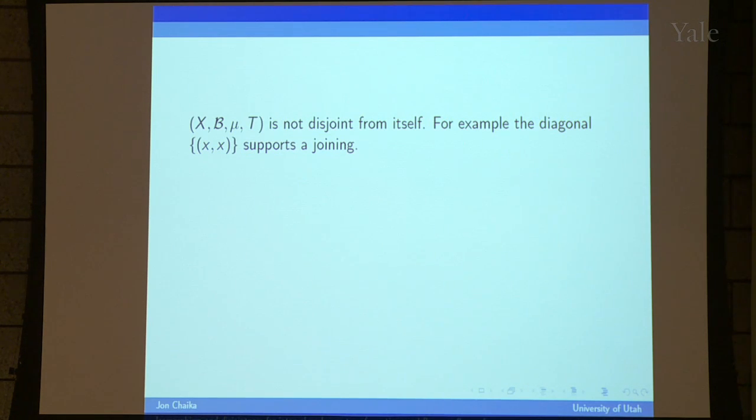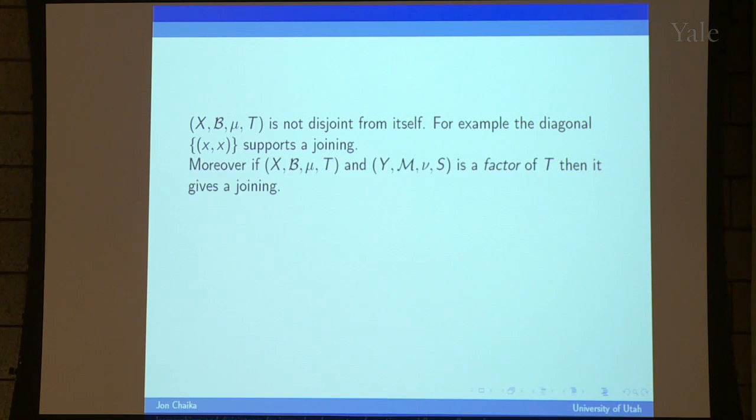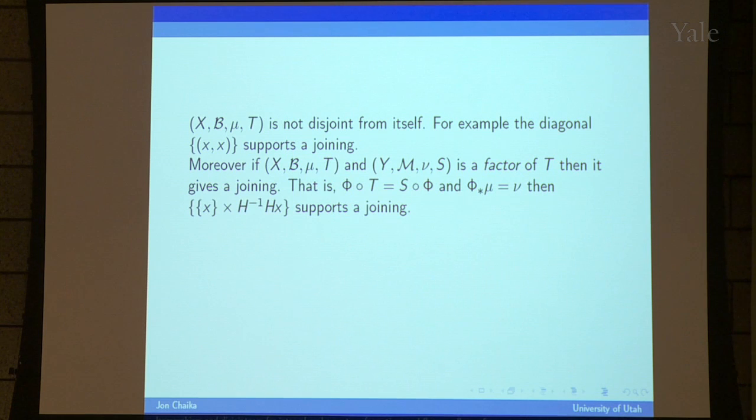But I said moreover, so I should tell you it's more than that. You can also ask about factors. So what's a factor? Let's say I drop the condition that this is invertible, and I just want this diagram to commute and push forward mu to being nu.